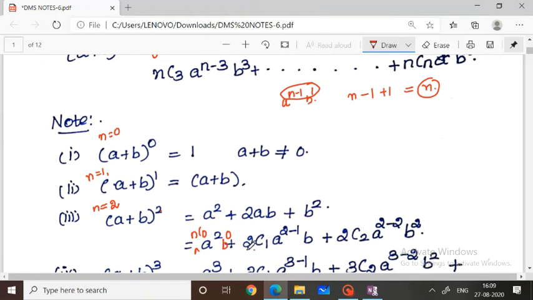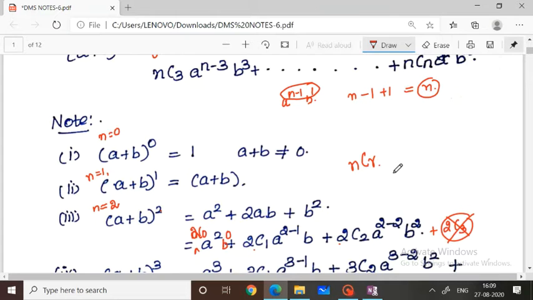Listen here. Here this is not nC, it is 2C0, 2C1, 2C2. So only these many terms come. If you ask whether there are more terms, can you write 2C3? Is it possible? No, this is not possible, because nCr means n objects, where out of n objects we select r objects.